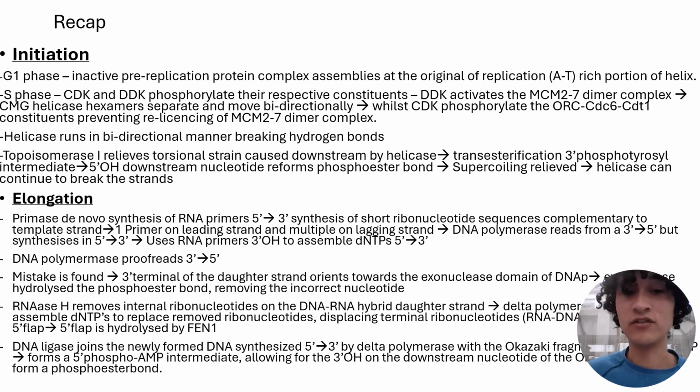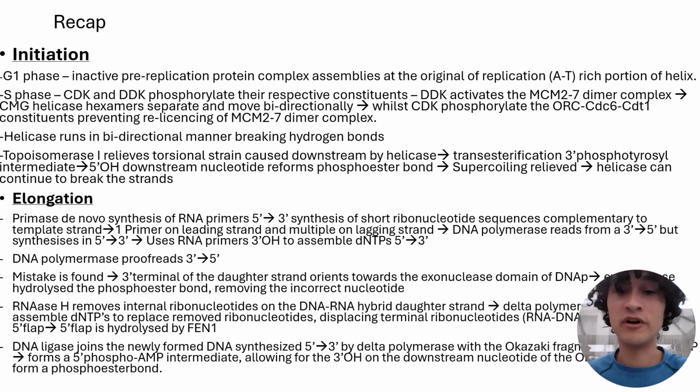Okay, it's relieving that torsional strain downstream. Its tyrosine in its active site is the key to how it does this. It does this through a transesterification reaction, so it's stealing that ester bond temporarily. It forms a 3' phosphotyrosyl intermediate, so that hydroxyl, that phenyl ring on its R group, is acting as a nucleophile, allowing it to steal that phosphate.